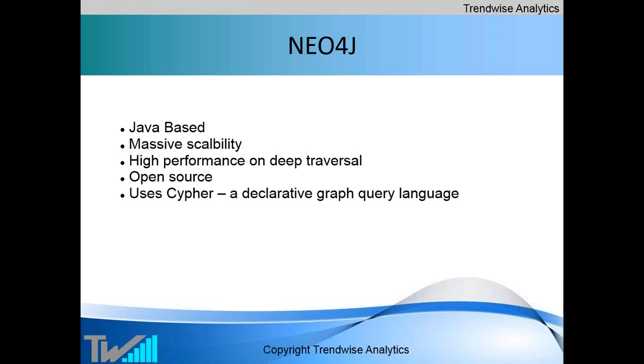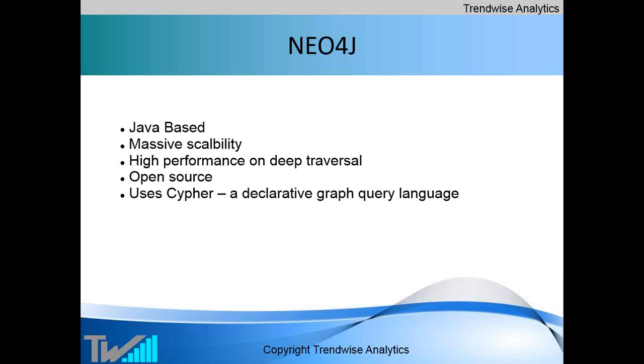Let's take a little more detailed look at Neo4j. It is a Java-based NoSQL database. It has massive scalability, of course. And I think the best part is the traversal. We can also create a network database using probably an RDBMS, but if you want to traverse it, I think it's extremely painful, and we will see some examples of that as well.